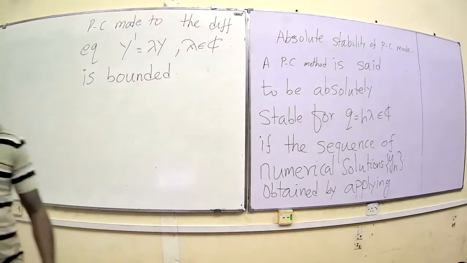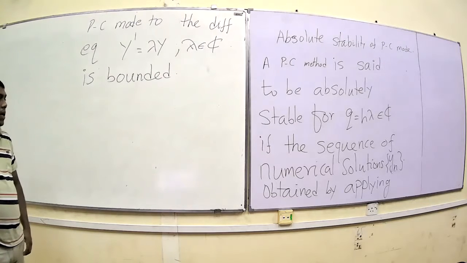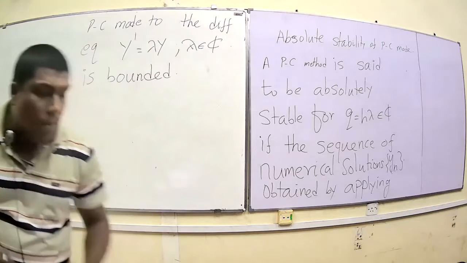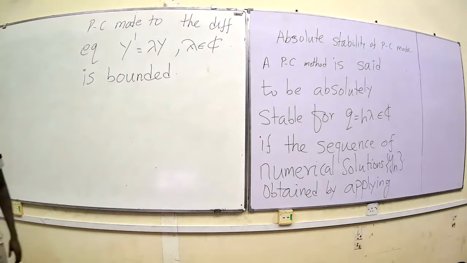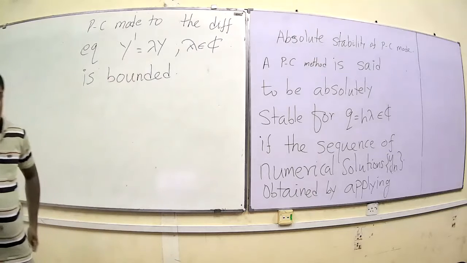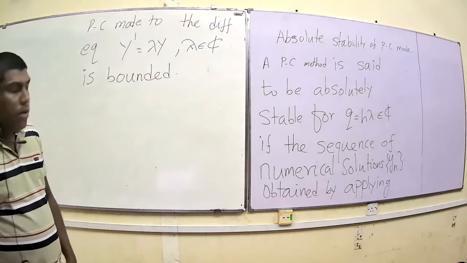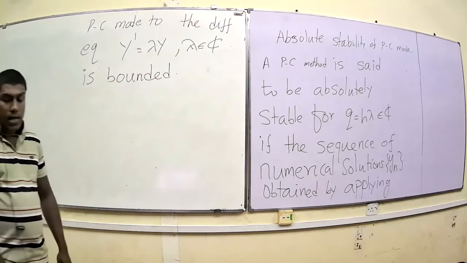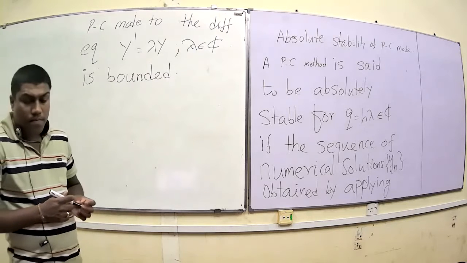So if the numerical solution we obtain by applying the predictor corrector method, whatever the predictor corrector method it is, to the standard first order differential equation y prime is equal to lambda y, is bounded, then we call it a stable method, an absolutely stable method, right?